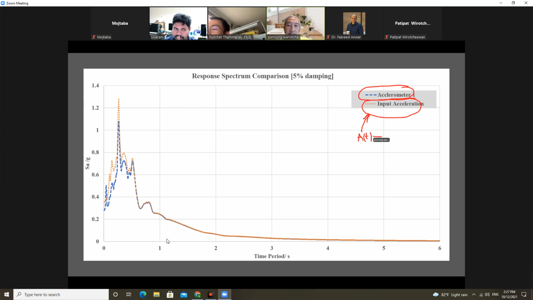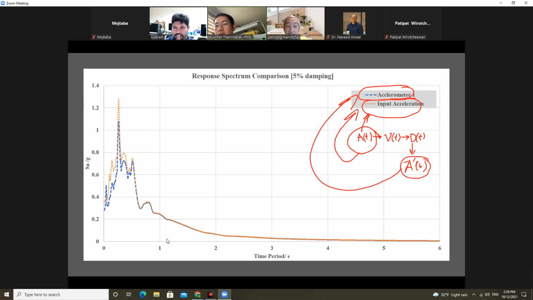He integrates into velocity, then integrates into displacement, and he used this one to drive the actuator. And then from that, he got acceleration from the accelerometer. This one is this, and this one is that.